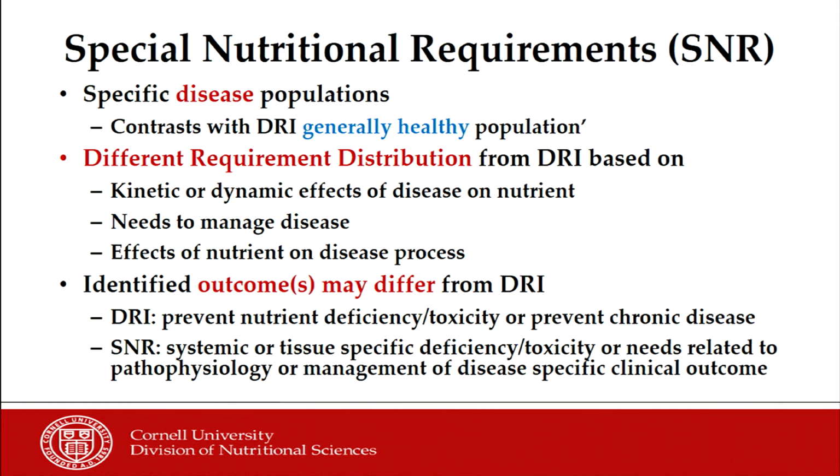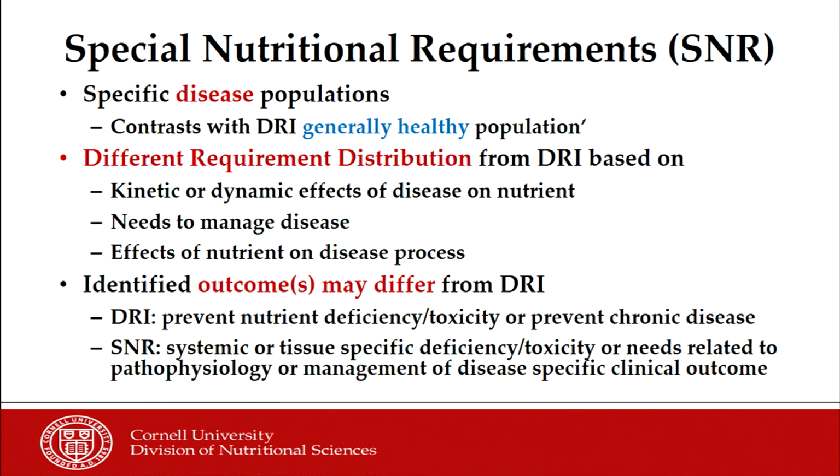To be a special nutritional requirement, the distribution of requirement in the diseased population must differ from that in the generally healthy population, either because of kinetic or dynamic effects of the disease on the nutrient, the needs to manage that disease, the effects of the nutrient on disease processes, and the identified health outcome may differ from that selected for the DRI for the generally healthy population.